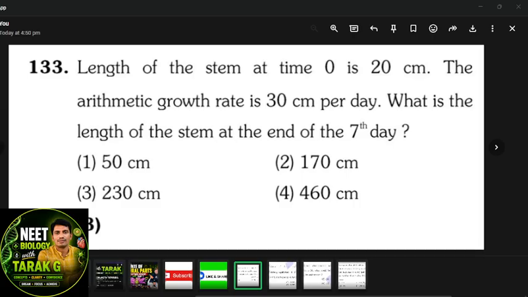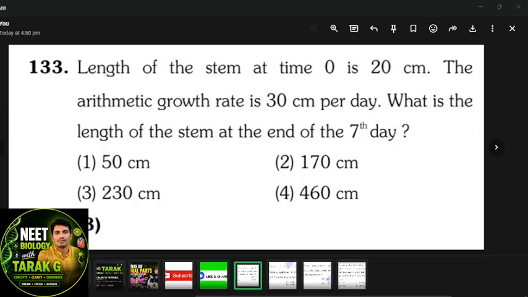Here it is arithmetic growth, so we can say LT. Initial length is 20 centimeters, at time 0. In arithmetic growth, small r is equal to 30, so the growth is 30 times 7 days.